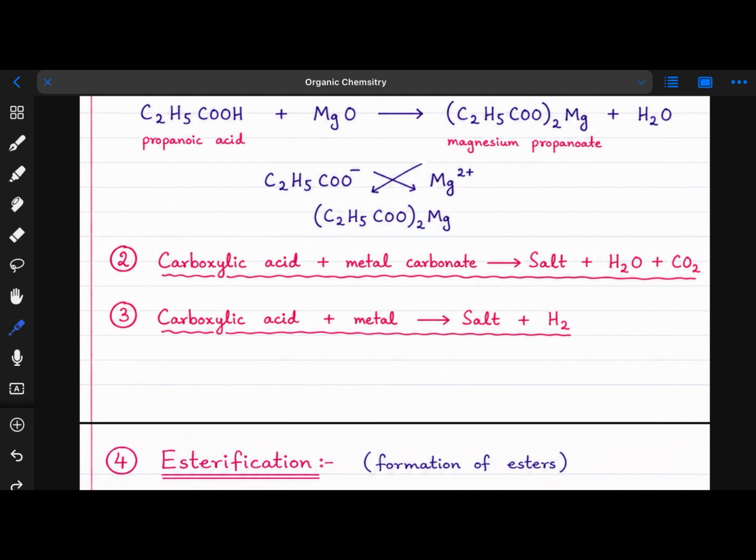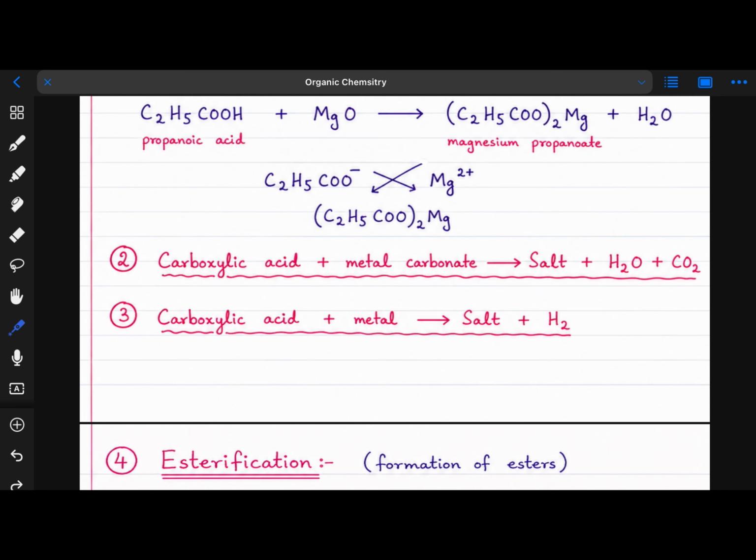Now, the charges are exchanged. 2 comes here and 1 goes here. So we get (C2H5COO)2Mg as our product, which is the molecular formula of magnesium propanoate. Now you can see that there is no 1 written here because it's not mandatory to write the 1.